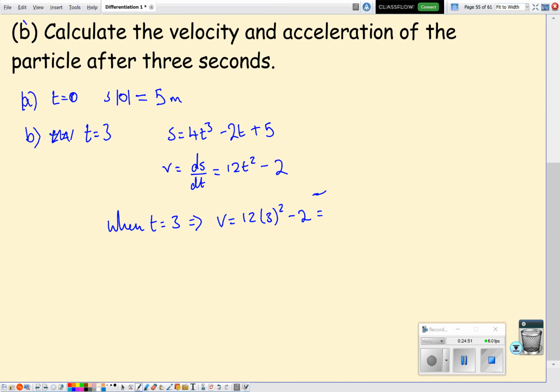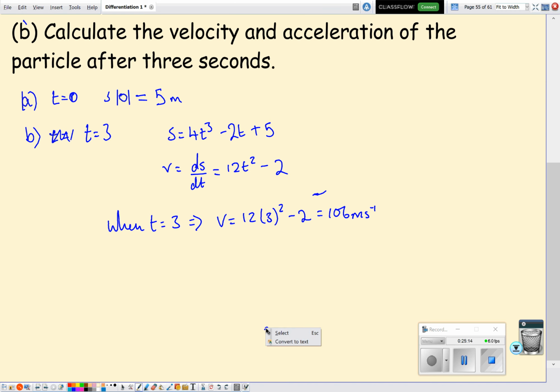So what does that come to? 106. Now, the units for velocity are meters per second, written like that. So again, apologies, that's one for those of you who haven't done the physics.